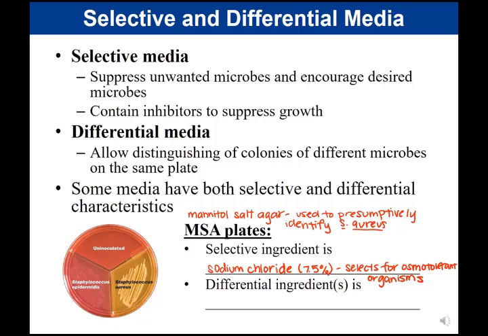Now, if we need to distinguish Staph aureus from, let's say, Staph epidermidis, we need a differential ingredient. The differential ingredient is the ingredient that allows us to differentiate based on metabolism. And in this case, our differential ingredient is mannitol.